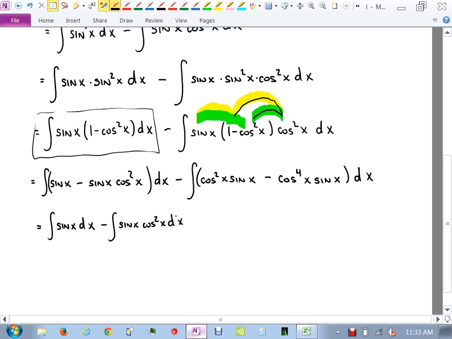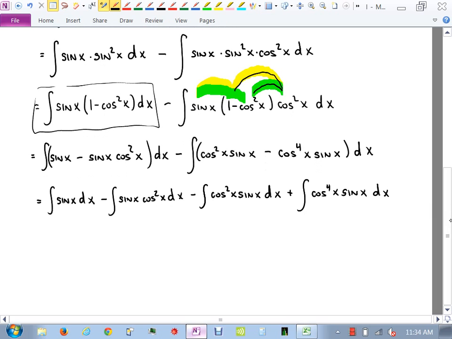Then minus cosine squared x sine x dx. And then plus cosine to the 4th x sine x dx. What a mess.